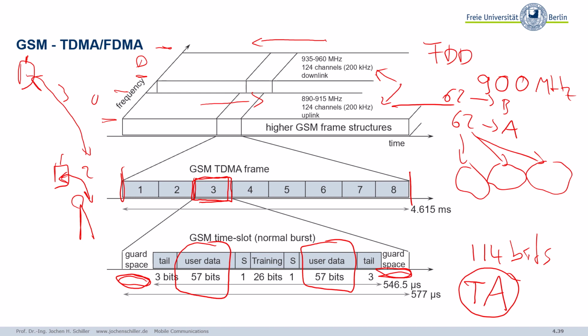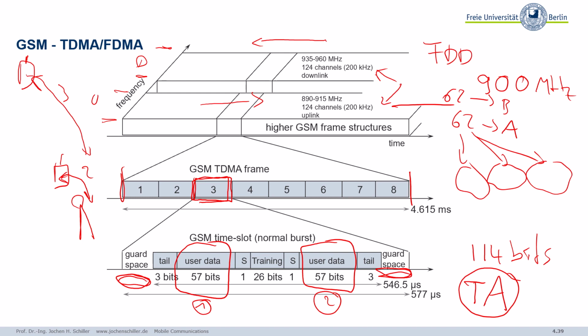So if we use all the 114 bits for one user, it's called a full rate channel. If we only use one part for one user and the other part for another user, we call it a half rate channel. So depending on the coding of our data, voice for example, if we code it with lower quality, we can squeeze 2 users in a single time slot.